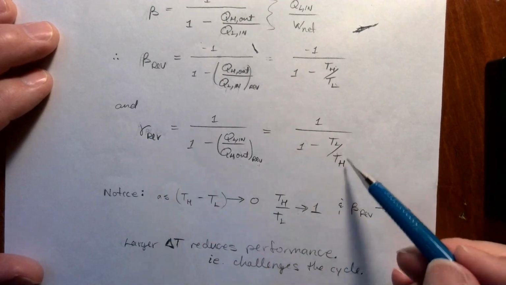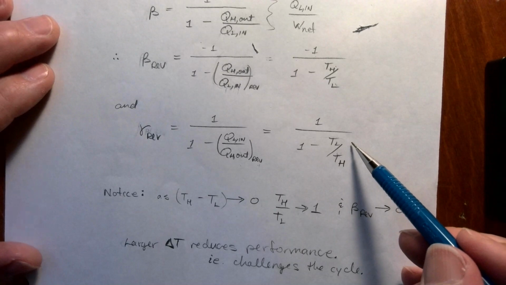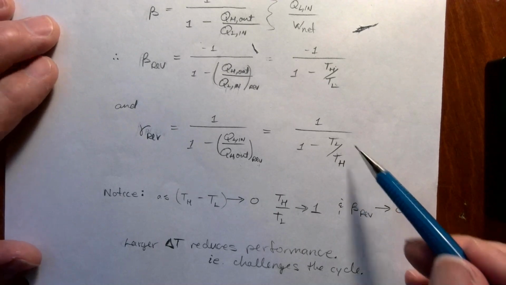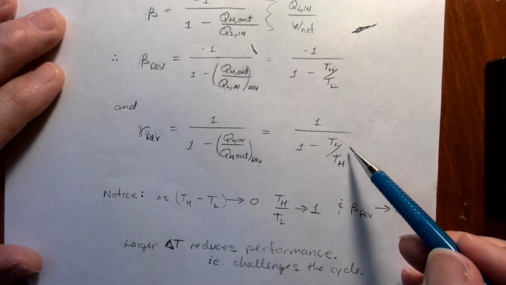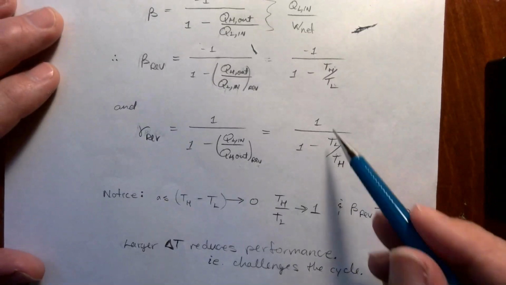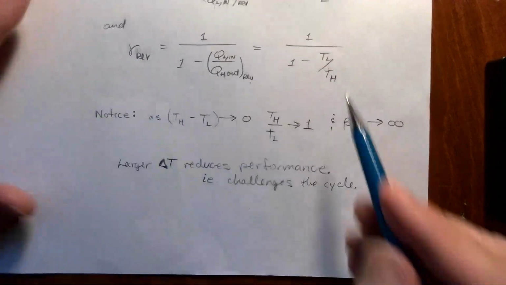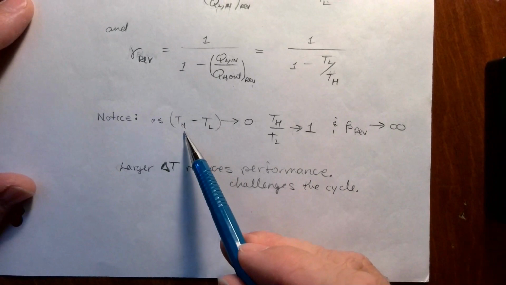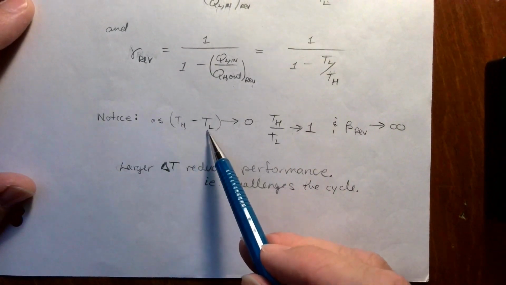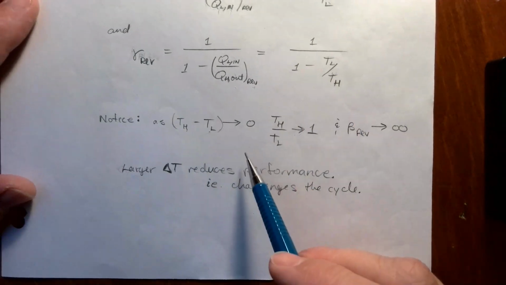Also recognize that, look at the denominator. The denominator here is actually the efficiency if this were to be a heat engine operating. So for a heat pump, if you want to know the coefficient of performance, you can take the reciprocal of treating it as a heat engine. So it's 1 over eta. And then taking a look at the formula up there, notice that as TH approaches TL, as that difference gets smaller and smaller, those ratios become 1.